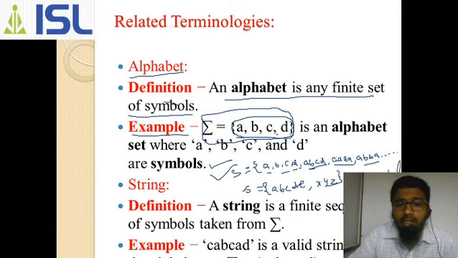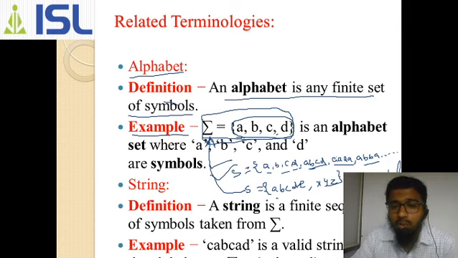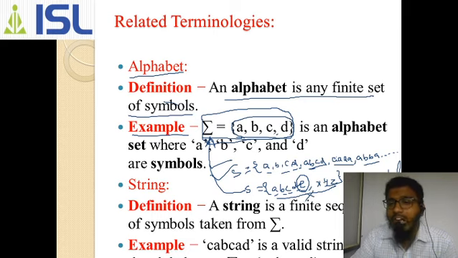Because whatever symbols are available in sigma, only those symbols should be used here. Here we are using A, B, C, D, but we are adding E, which is not in the given symbols. Because of that, it is not valid. XYZ is not here, so not valid.